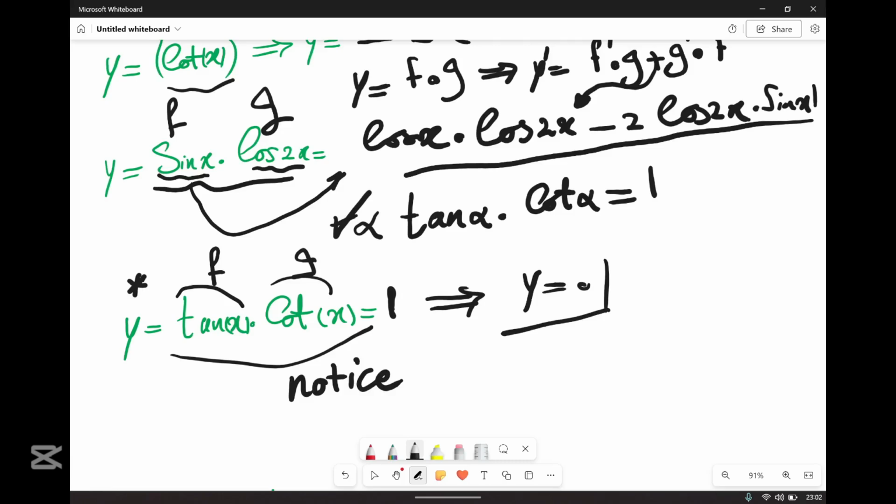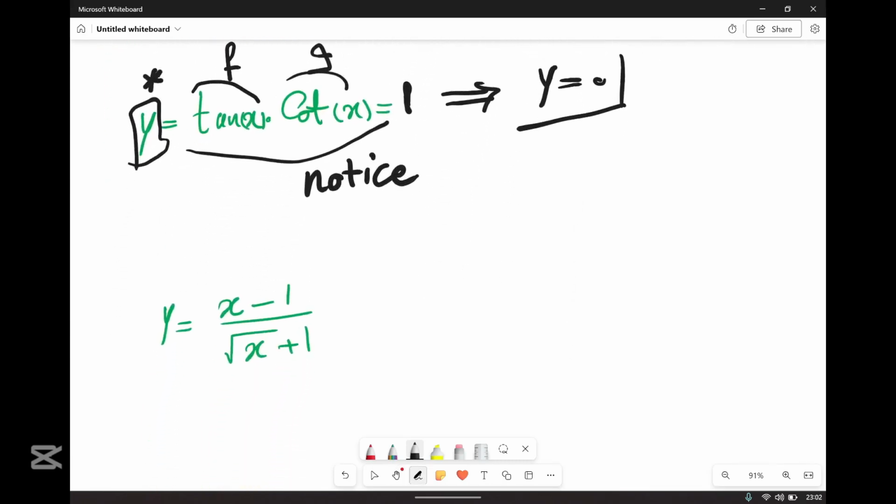Notice, if you have a function and you can simplify it before calculating, it's better to simplify, because after simplifying you can calculate the derivative better.